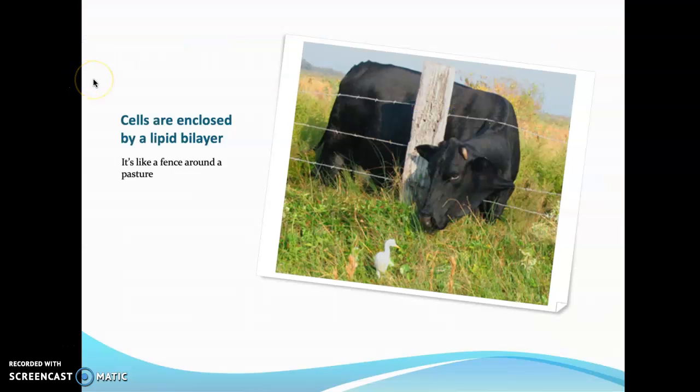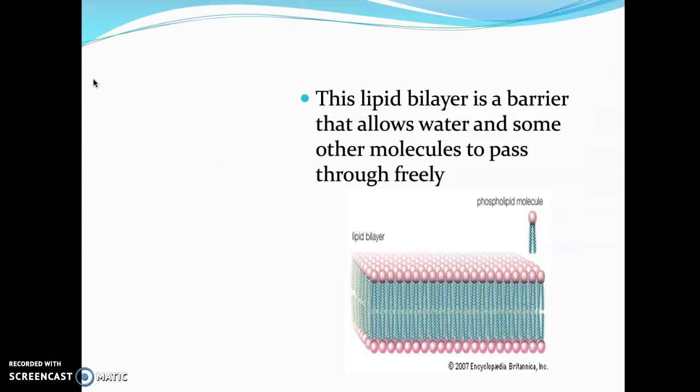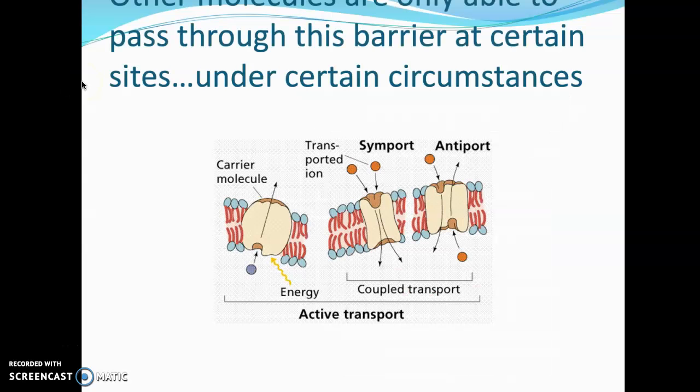Okay? So if you think of a cell's lipid bilayer kind of like a fence, some things can get through easily and some things cannot. It's a barrier that allows water and some other molecules to pass through freely.